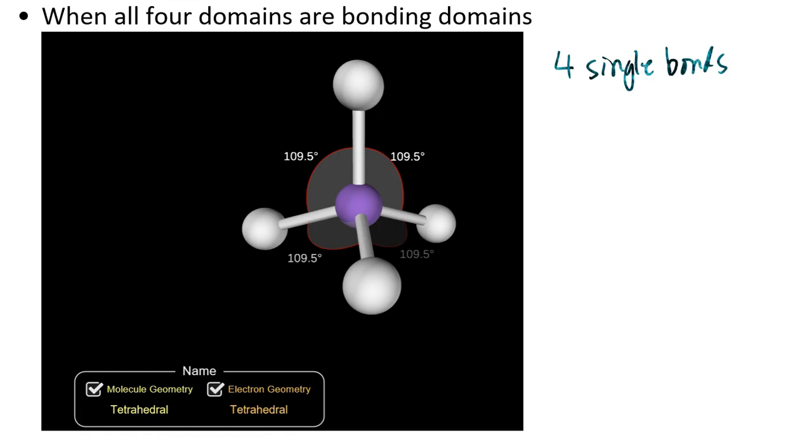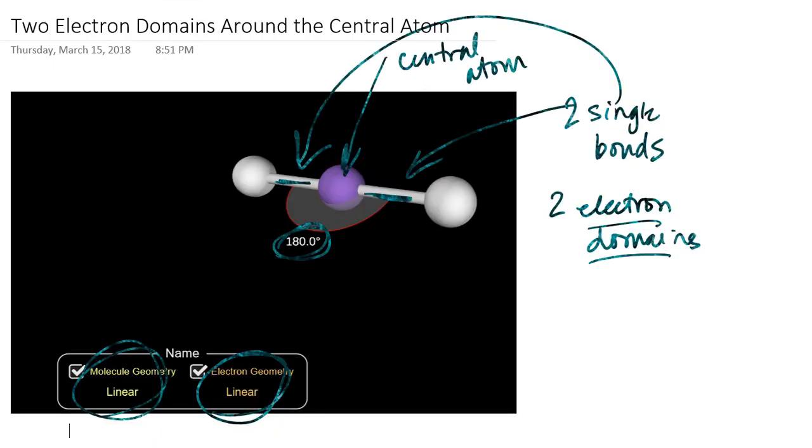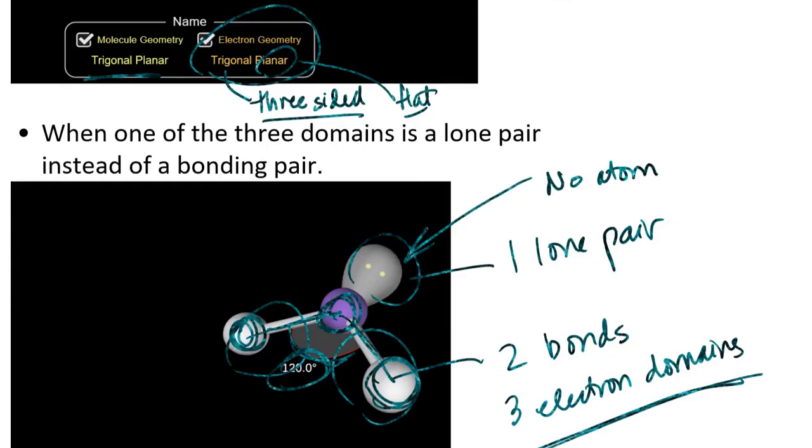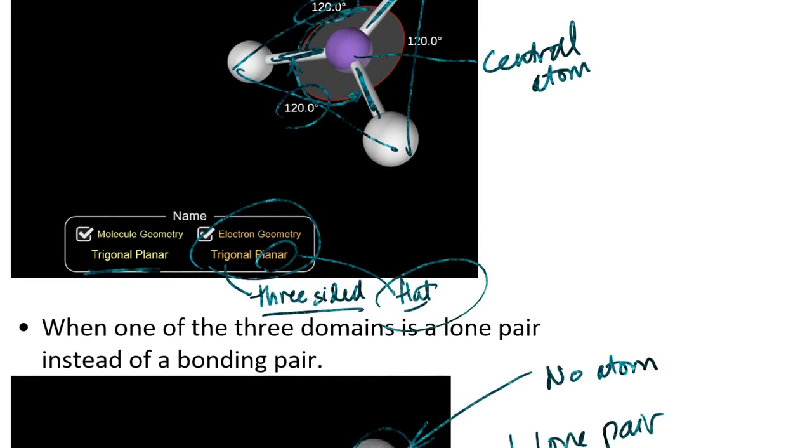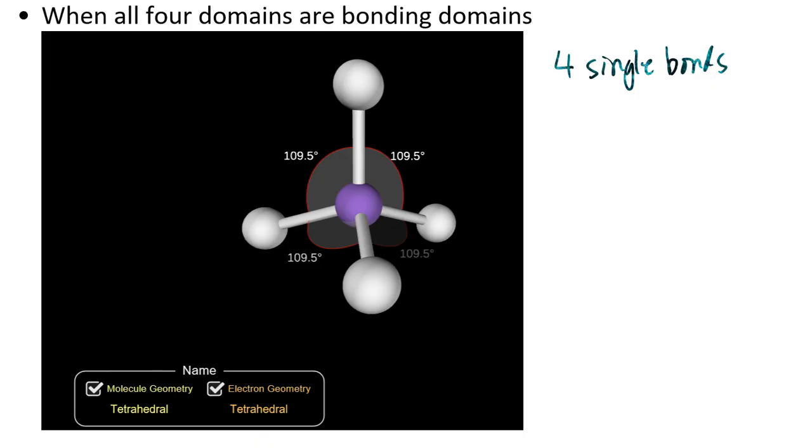Basically, if you notice, if I had 2 electron domains, basically I had a straight line. If I had 3 electron domains, basically I still had a shape that was flat or somewhat 2-dimensional, and I was able to achieve maximum separation between the electron pairs. If I try and do that when I have 4 domains, then basically, if I'm going to keep it flat, I'd have to use a 90-degree angle between the electron domains.